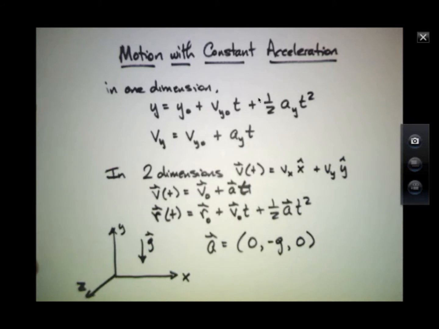If z is pointing out of the page, x is along the horizontal, and y is on the vertical.